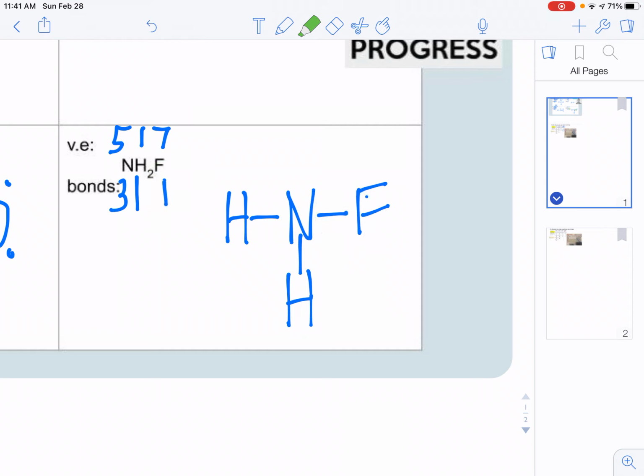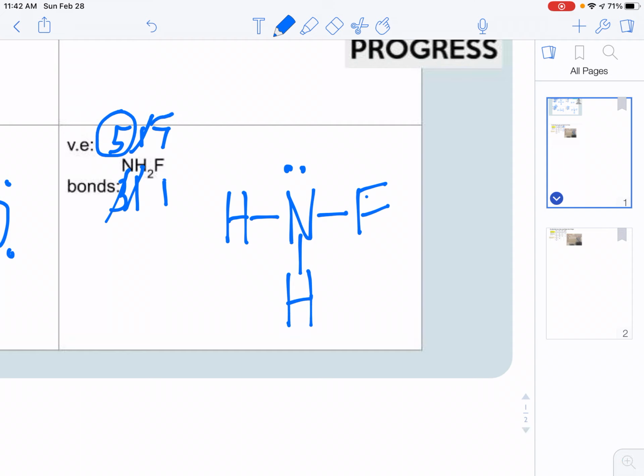If you stop here, you'll get full credit for the test, but I know some of you are trying to do the dots, and it's really good if you do. So when we look at the valence electrons for nitrogen, 5 of them, but only 3 bonds, that means there's 2 left over that are unshared. For hydrogen, 1 electron and 1 bond, that means its 1 electron is in the bond, it's represented by the line already.